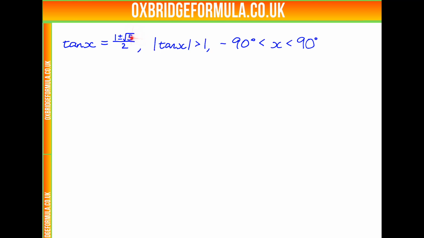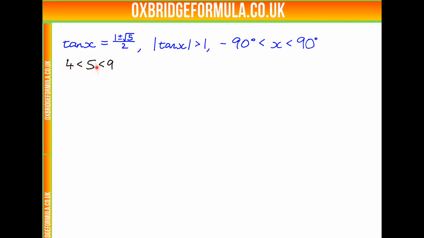Well, root 5 is a difficult number to deal with, so we can try and bound it with some easier numbers. And how can we do that? Well, we can start off by thinking about where 5 fits in between square numbers, and indeed it fits in between 4 and 9 if we list out the square numbers.